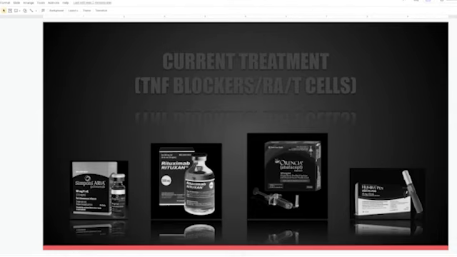One would be golimumab, which is a tumor necrosis factor, a TNF blocker, and a TNF blocker helps stop inflammation.